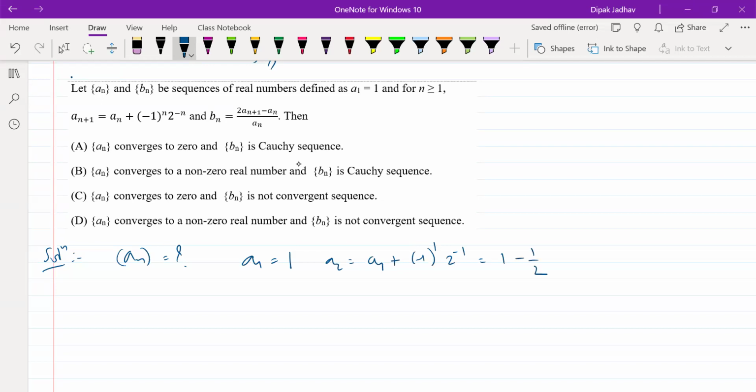That's A2. A3 is A2 plus minus 1 raised to 2, 2 raised to minus 2. We have already computed A2, so let's plug in the value: 1 minus half plus 1 by 2 square. Is it okay? Can you compute A4 now?